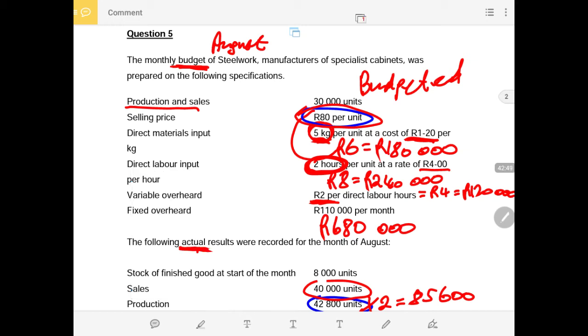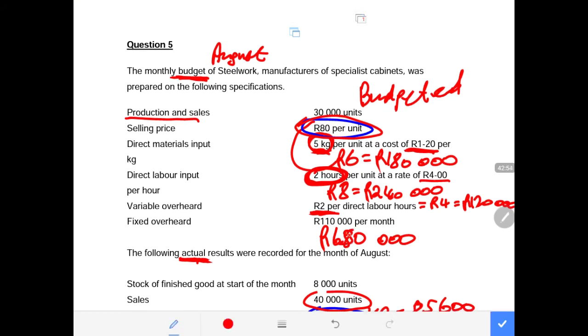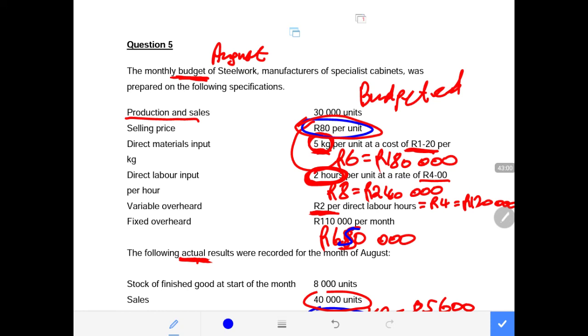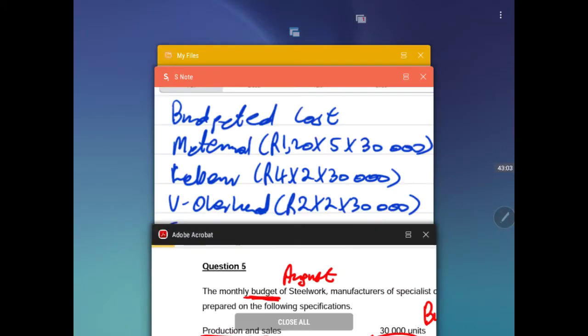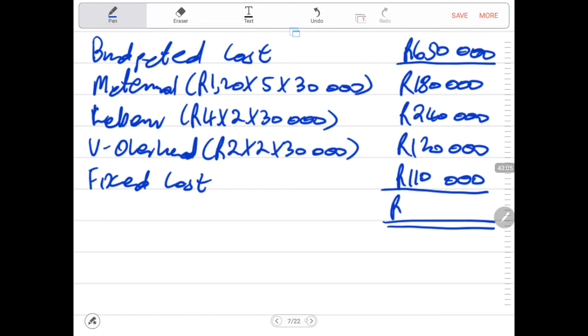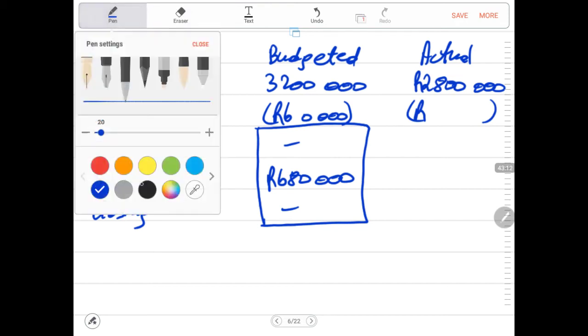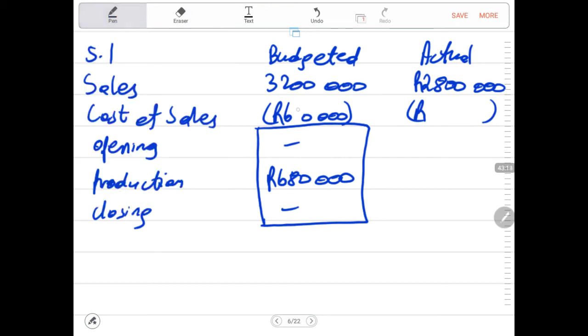Yes, it is 650, not the 680. Sorry for that one, just some error in calculations. So our cost will be 650,000. That means we have 650,000 here as our cost of production. That is budgeted. Now we go to our actual information.